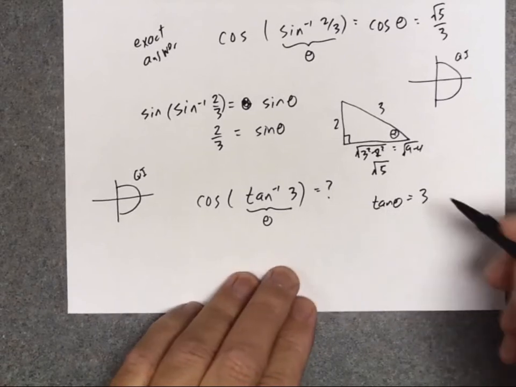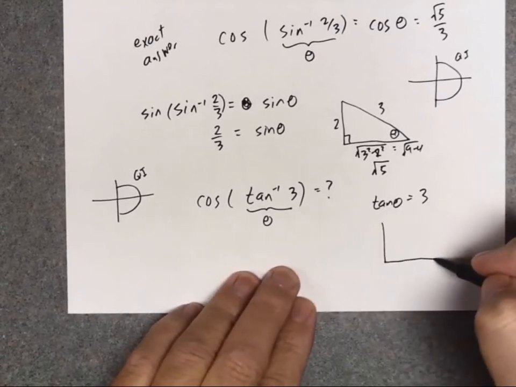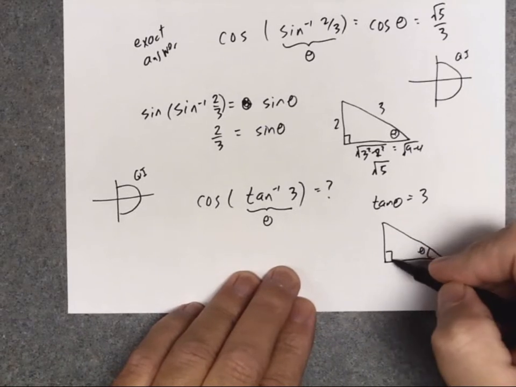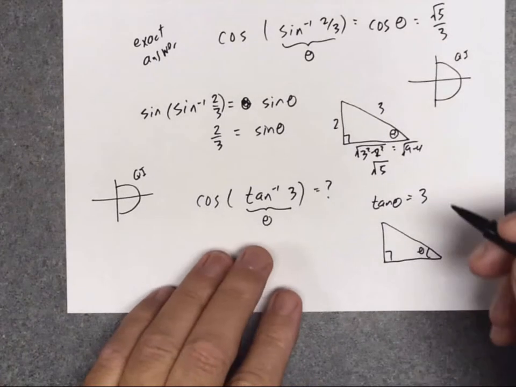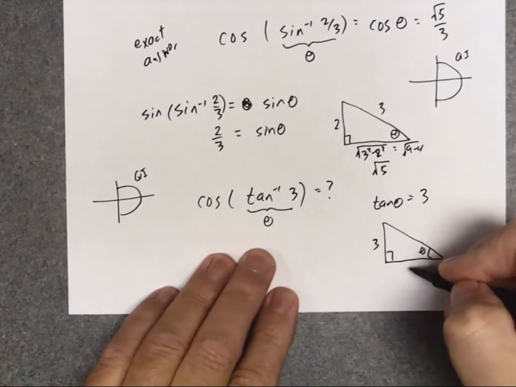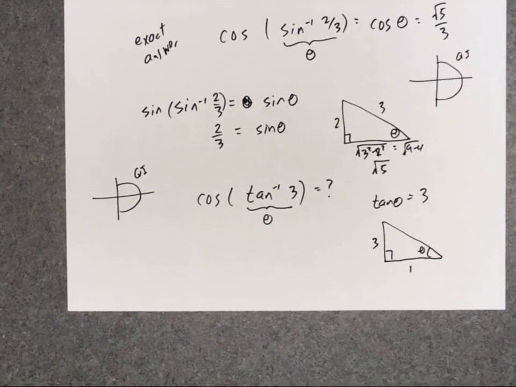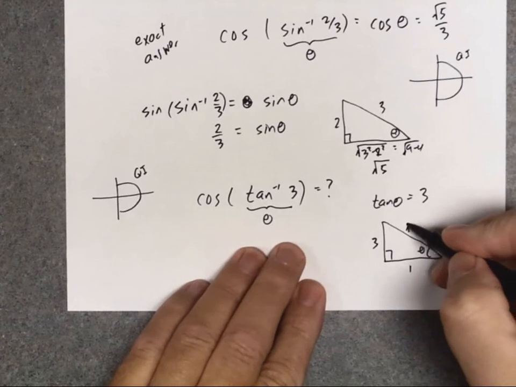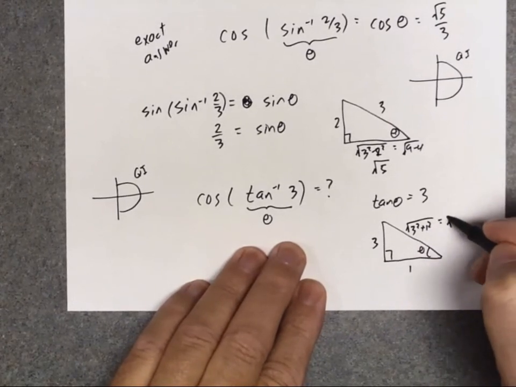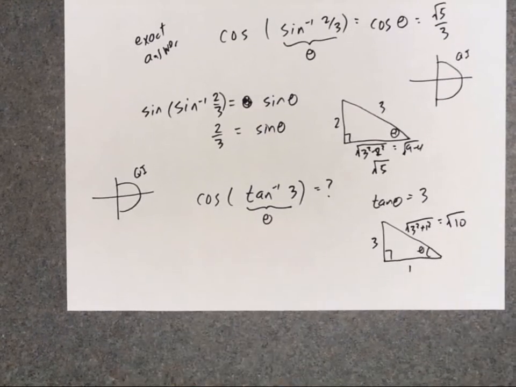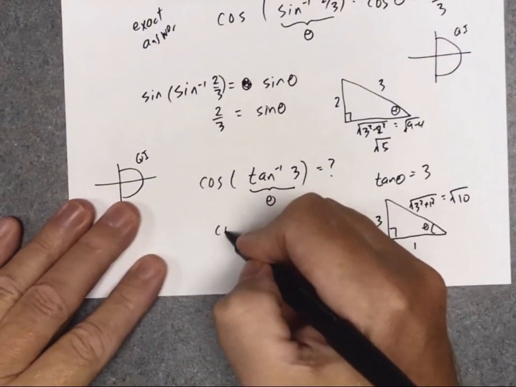The way I figure out what theta is, build a right triangle. Tangent of theta is opposite over adjacent. And hypotenuse is going to be 3 squared plus 1 squared, square root of 10.